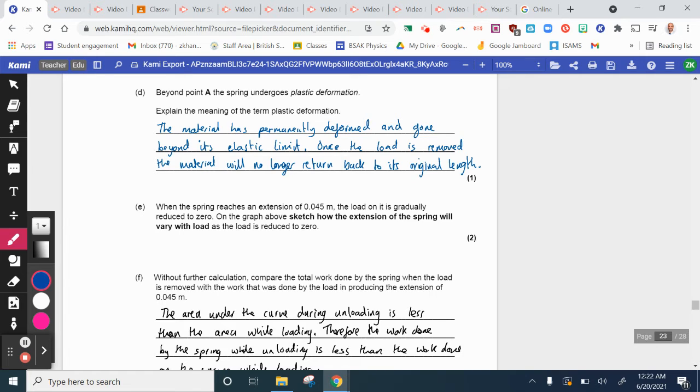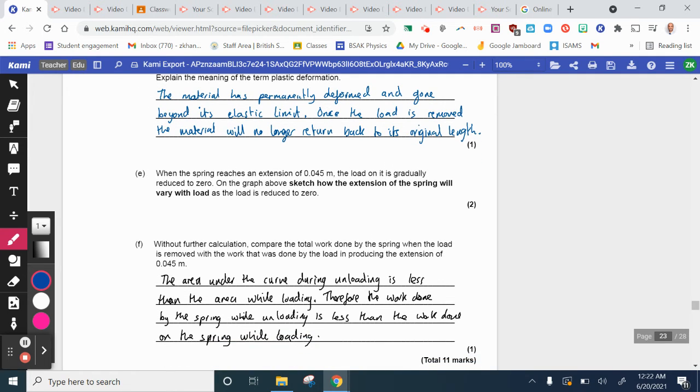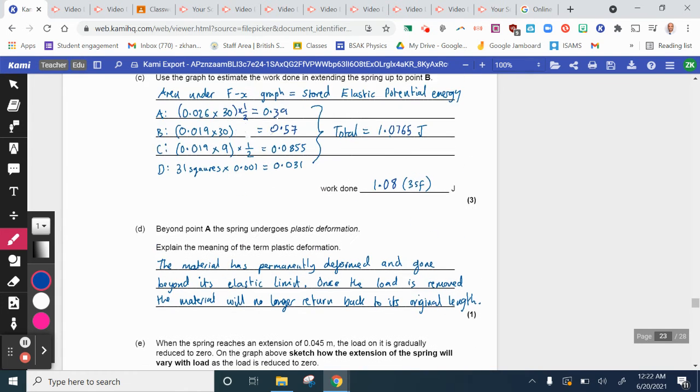Once the load is removed, the material will no longer return back to its original length. So when the spring reaches an extension of 0.045 meters, the load is gradually reduced to zero, and the graph sketch how the extension of the spring will vary with load as the load is reduced to zero.